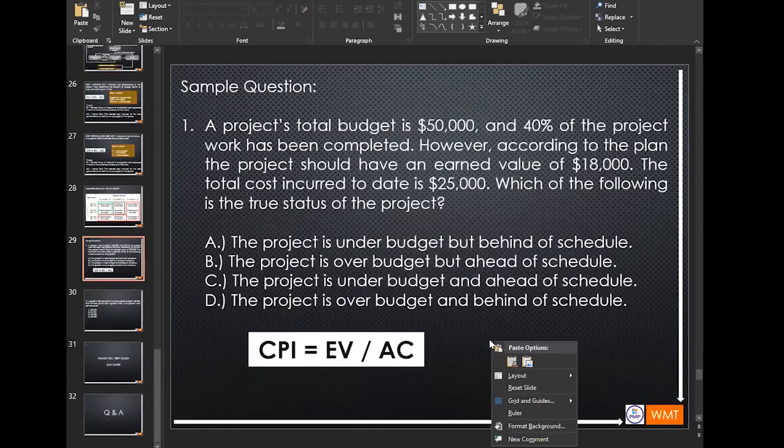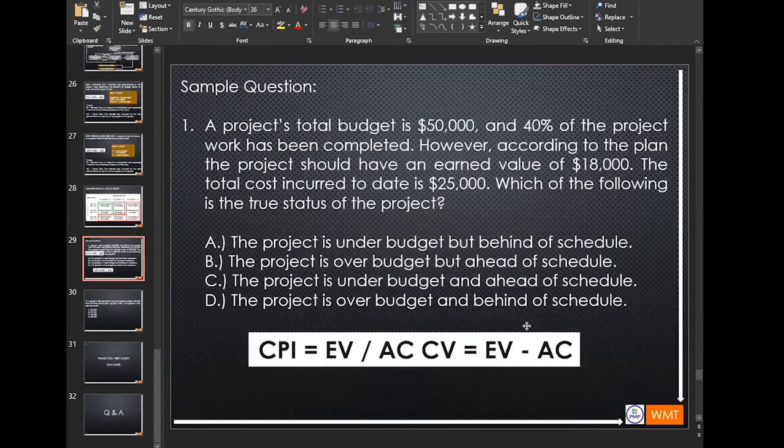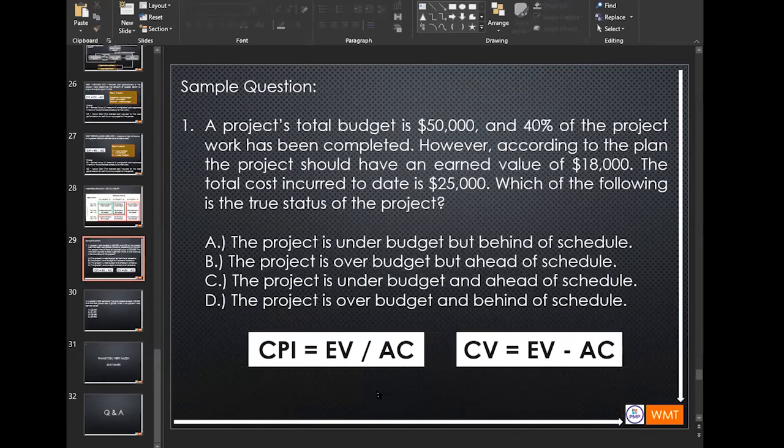So you have to use this formula. Sabi ni sir, it's 40% of the 30% of 50,000. Earned value is 18, which is yung completed, 40%. Tama ba? So ano ang sagot po?